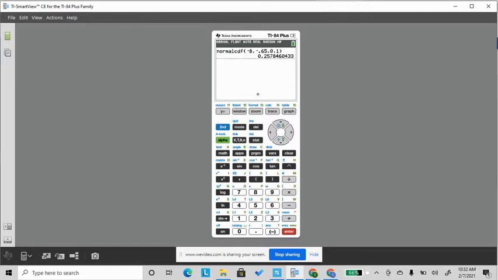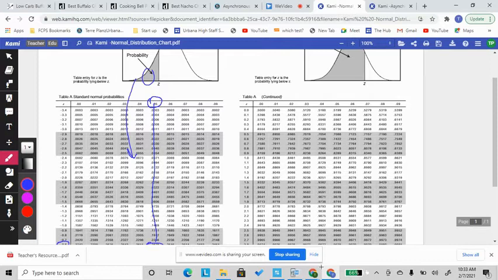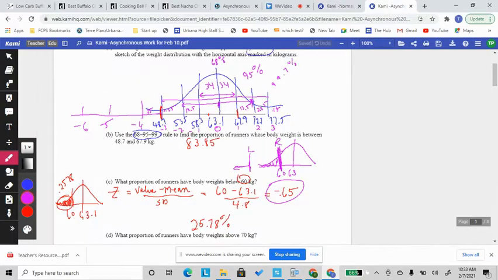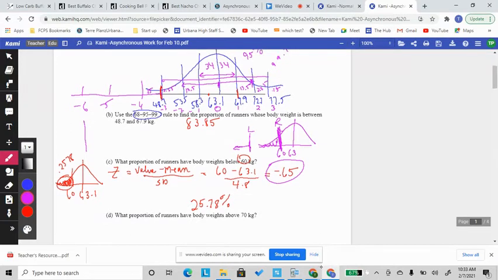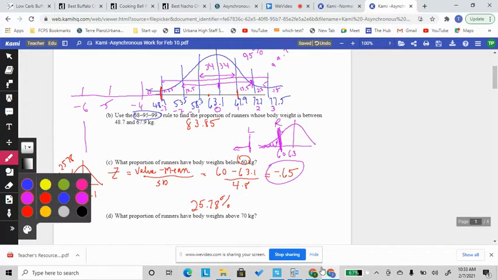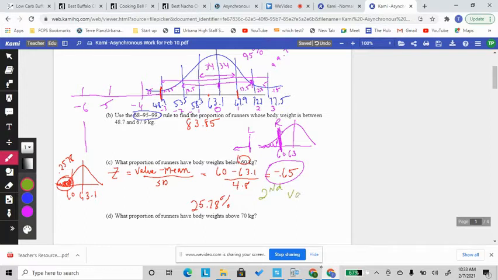All right, so let's write down where I went. I went to second vars, and let's write that down. Let me change my color here. Let me use green. So you're going to go to second vars, and you're going to go to NormalCDF.